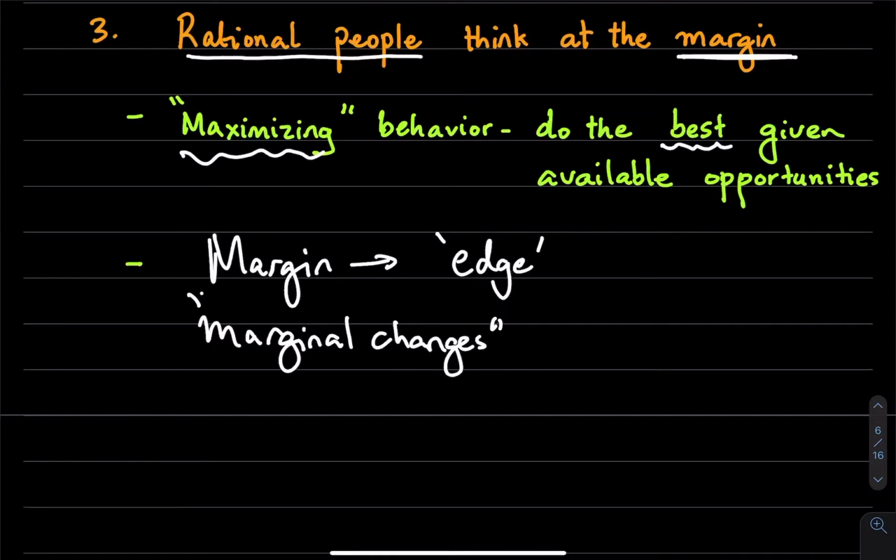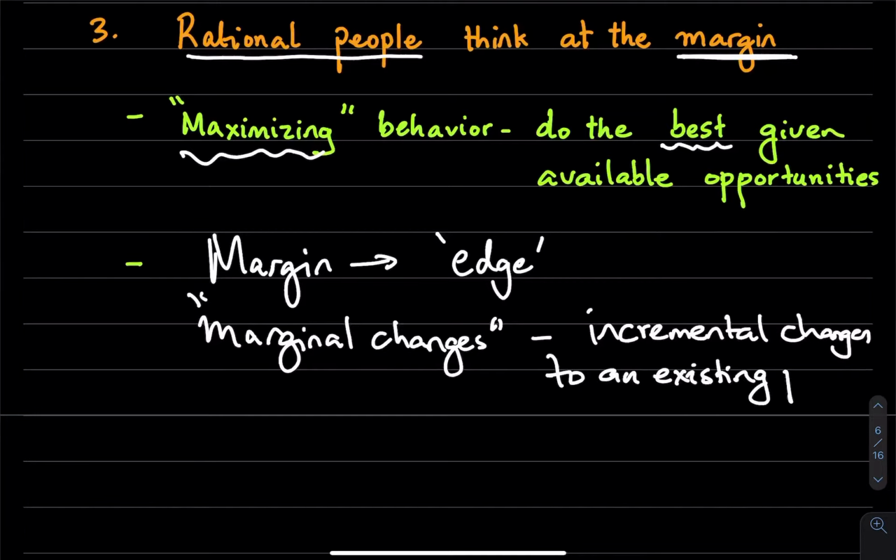If you were making a marginal change to your plan to maximize your behavior, this really means that you are making incremental changes to an existing plan of action.